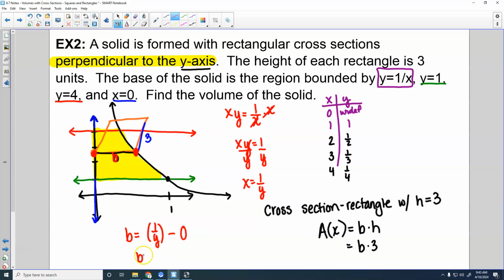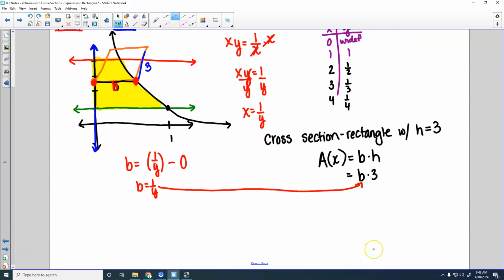So B just equals 1 over y. We need to put that over here in our equation. Oh, and I should not have used the x right here. I should have used the y. So A of y will equal 1 over y times 3. Actually I might leave it like that. I think I like it that way better. You could do 3 over y if you wanted.